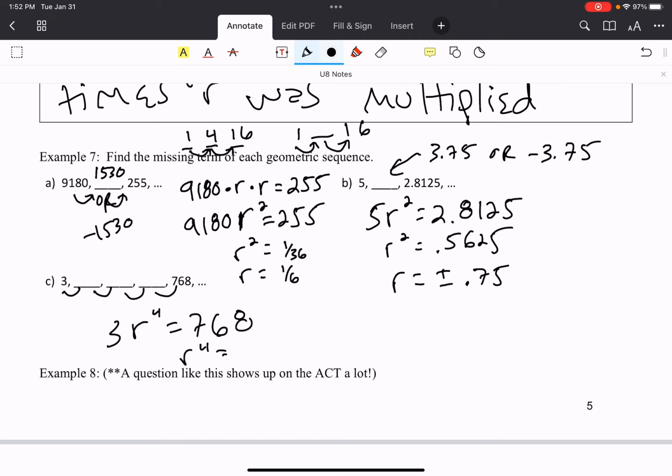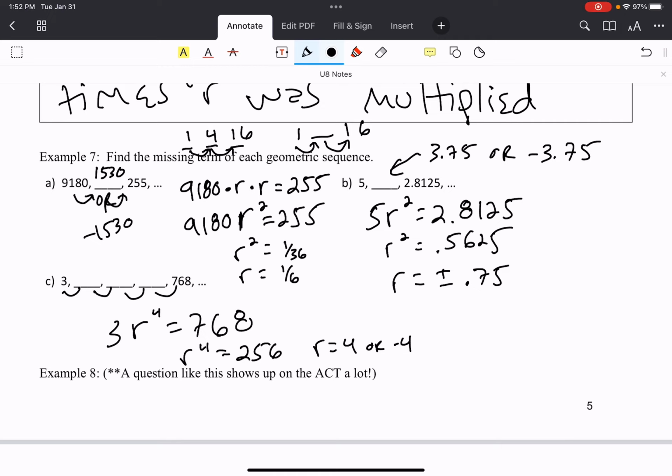So r to the 4th is 256. So r is 4 or negative 4.